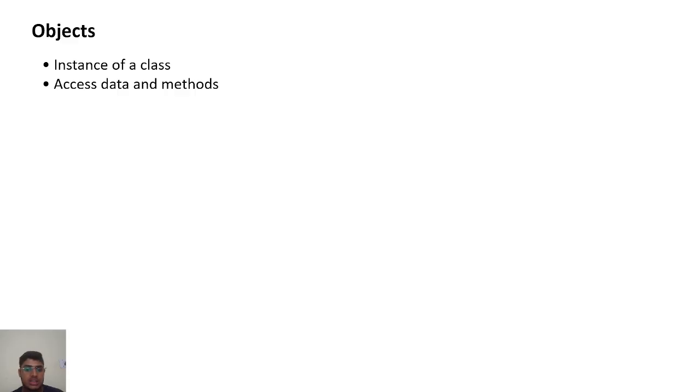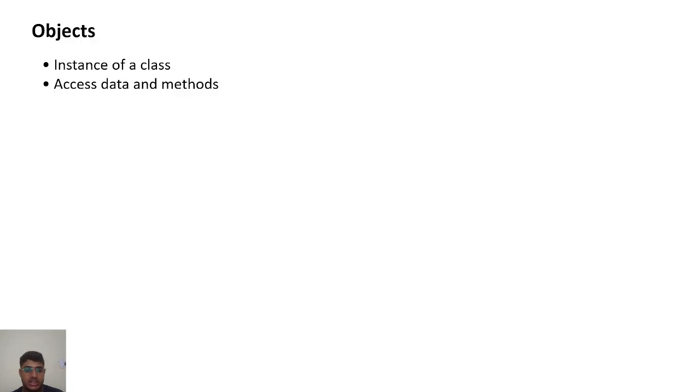A class is only a blueprint, but an object is the real entity created from that blueprint. For example, if student is a class, then Ali, Sarah, and John are different objects of that class.